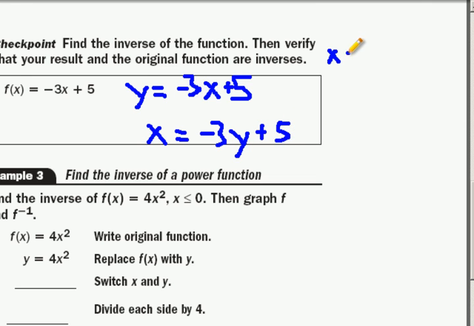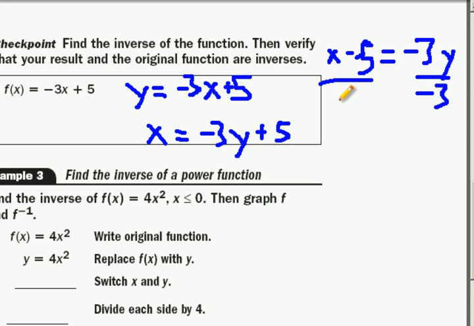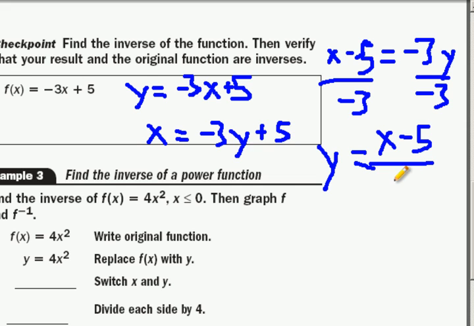So you just subtract 5 on both sides, and then you divide by -3. So y equals (x minus 5) divided by -3.